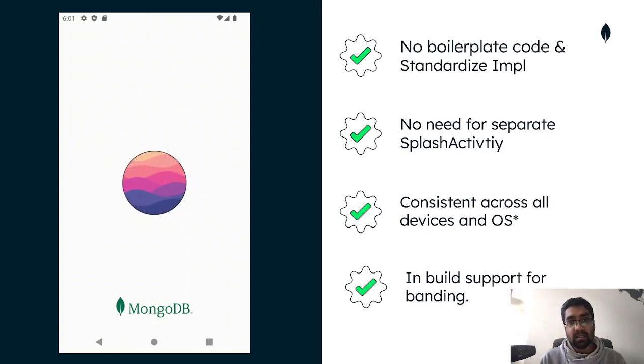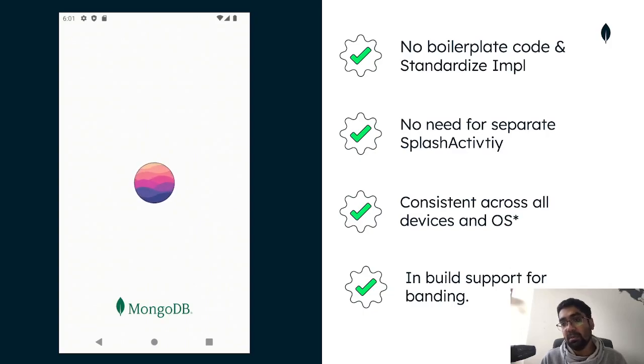So what would we understand? Making a splash screen with the splash screen API is very simple. It doesn't have any boilerplate code. The implementation is very simple, and in my opinion, you don't need a splash screen activity altogether.